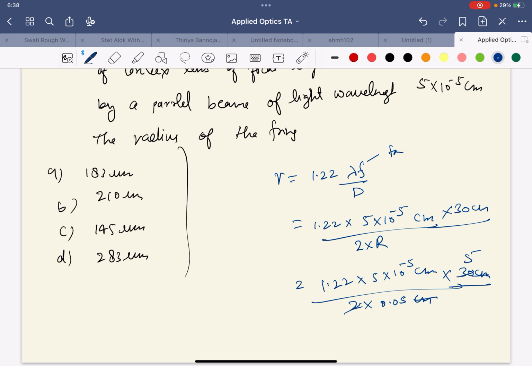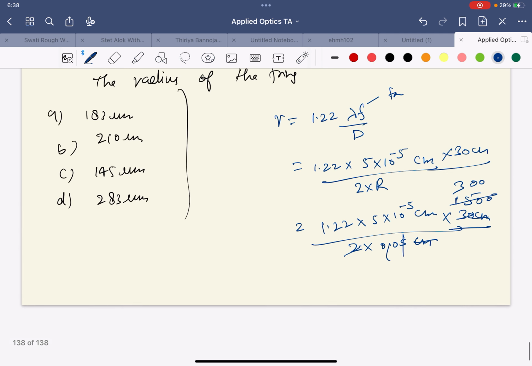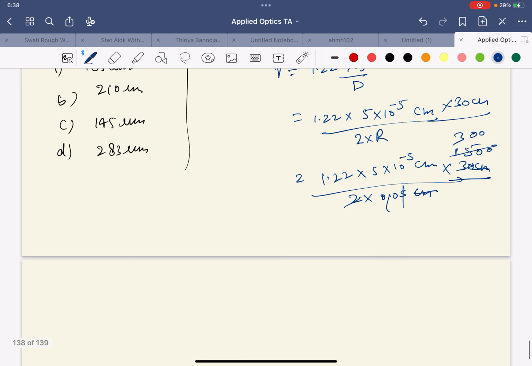This is 15, and 5 3s are 15, and 300, and it is again 1500 into 1.22 into 10 to the power minus 5 centimeter.